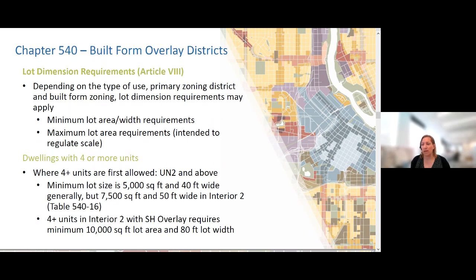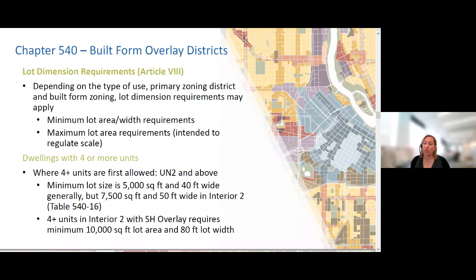We have an example on the slide of dwellings with 4 or more units. This use is almost allowed in every primary zoning district. It's first allowed in the UN2 district. A large percentage of properties that are in UN2 zoning also have Interior 2 built form zoning applied to them. And generally, this use is going to require a minimum lot size of 5,000 square feet and a minimum lot width of 40 feet.